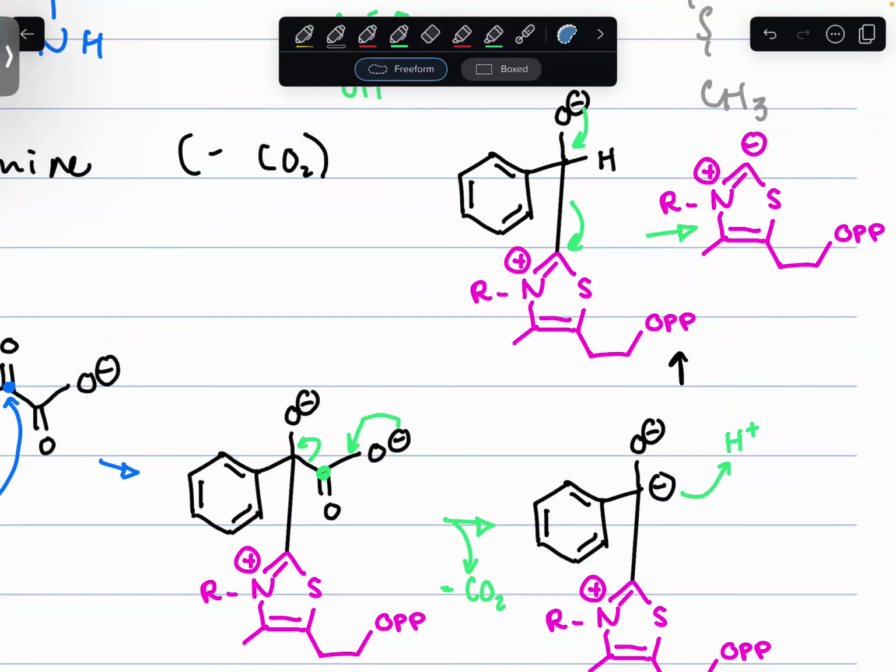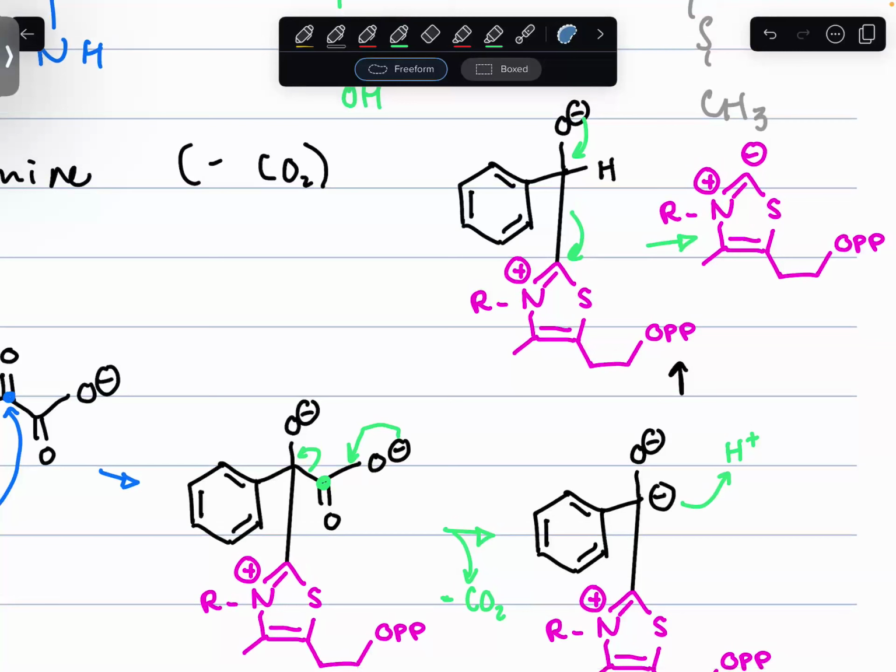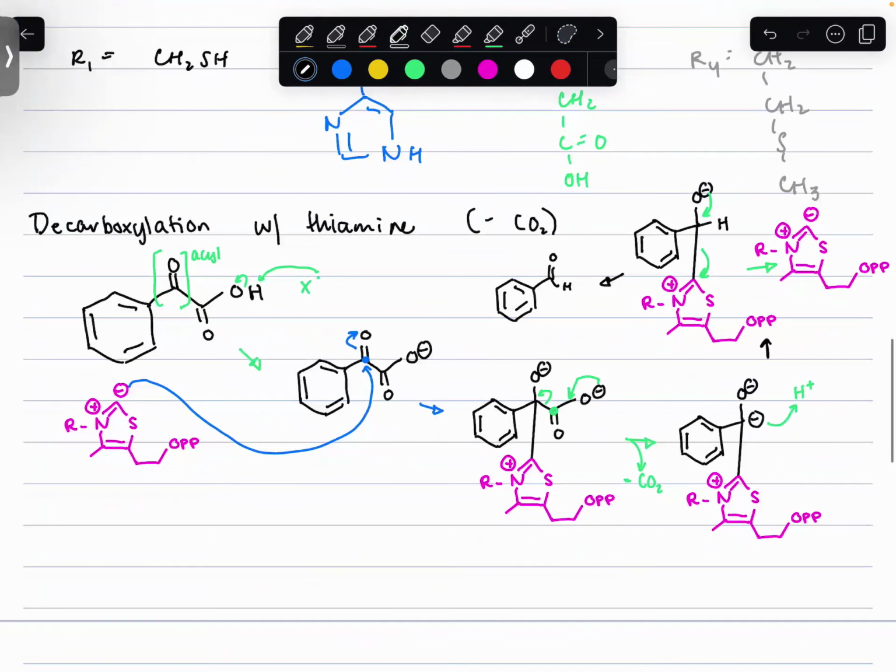Thiamine is another example of a zwitterion because it has that negative at the top and the positive on the nitrogen. But with that, we release our final product. I kind of went in a circle here, but oh well. That's thiamine-dependent decarboxylation.